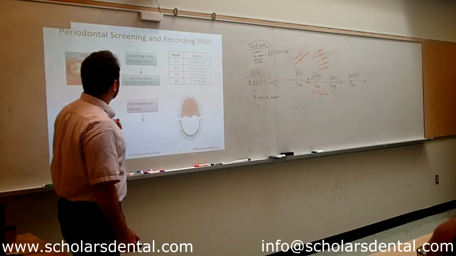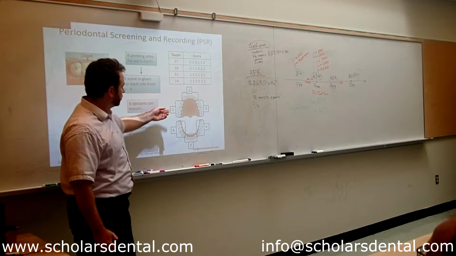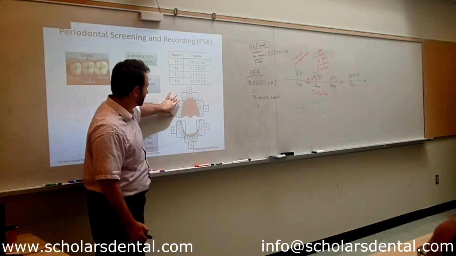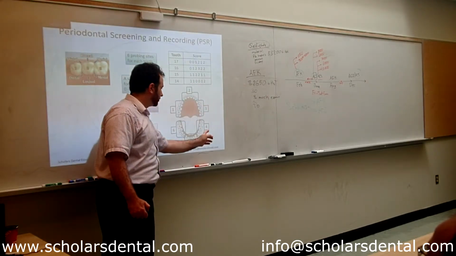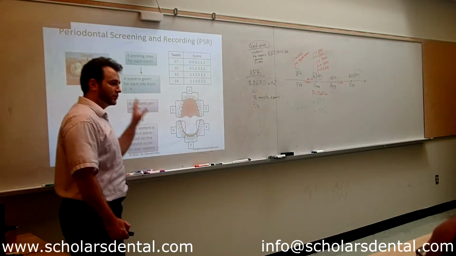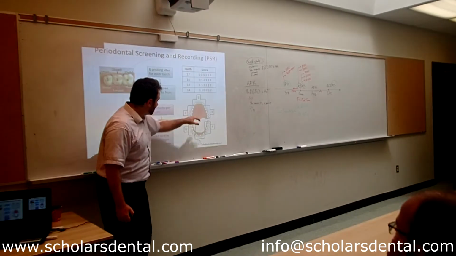Okay? So you divide the mouth into 6 sections. 1, 2, 3, 4, 5, 6. So posterior, this side, anterior. Posterior, that side. And then posterior lower on this side, anterior, and then posterior lower on that side. Okay, so that's how the sections are divided. Now each section is given a score.